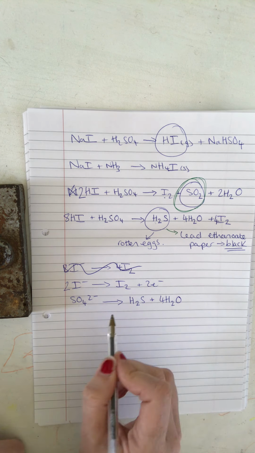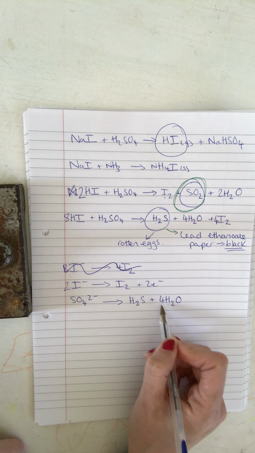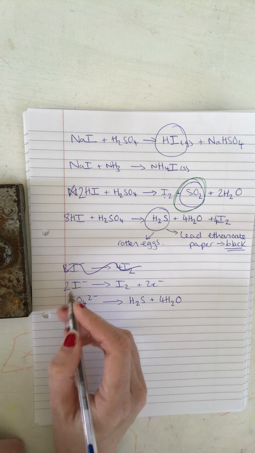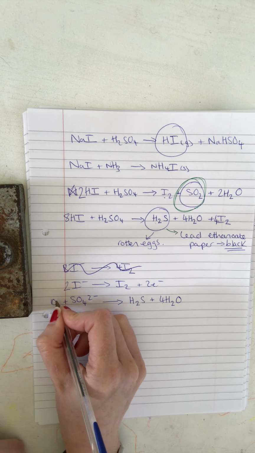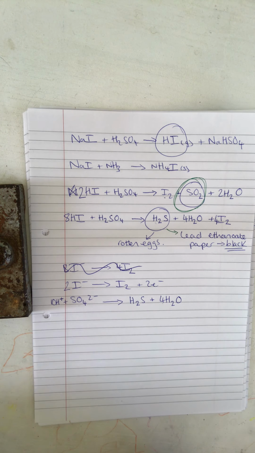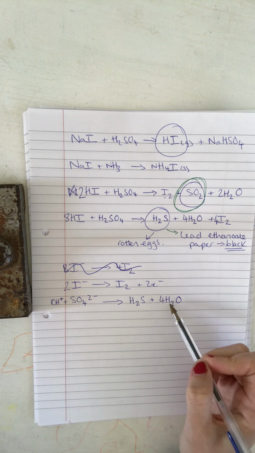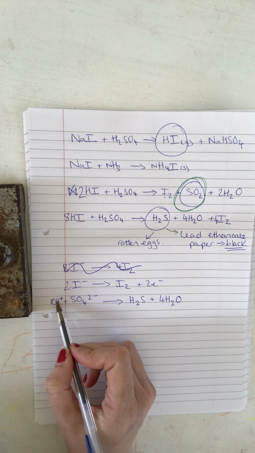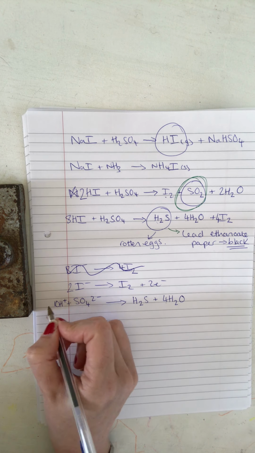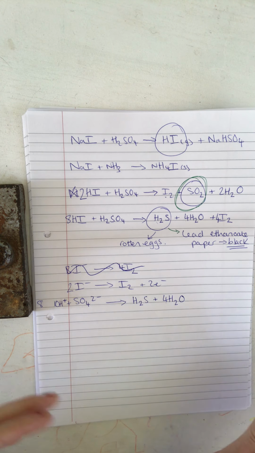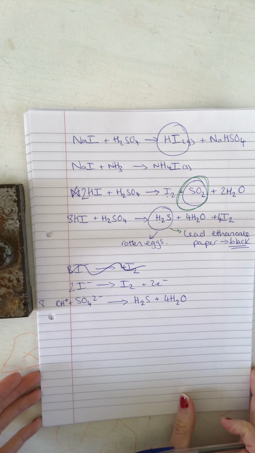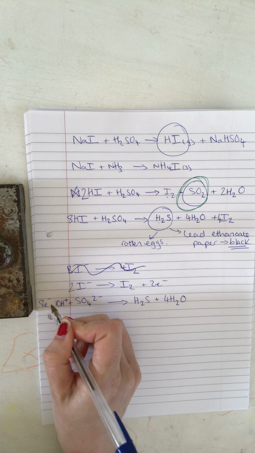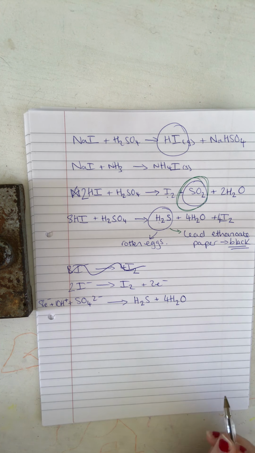So we've got 8 there plus the 2 there, so we need 10. So 10 of those over there, and on this side it is neutral. On this side we've got 10 plus and 2 minus, so we need 8 electrons.